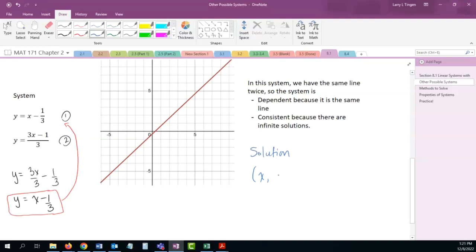It's x, comma, and then for the y, you take either equation 1 or equation 2 and solve for y. Well, they've already done that for us right here, right? Y is equal to x minus 1/3. So xy, this is what your solution should look like, becomes x, comma, x minus 1/3.